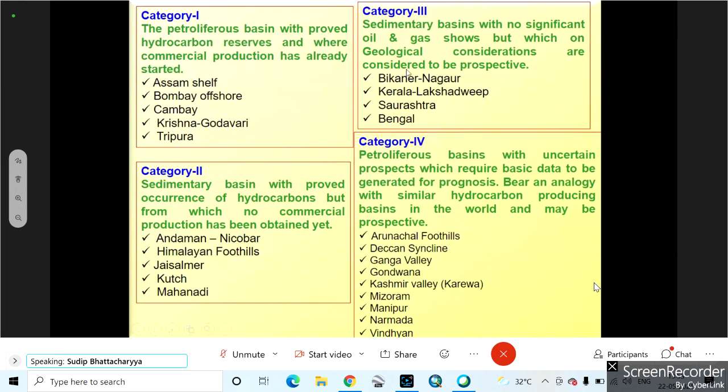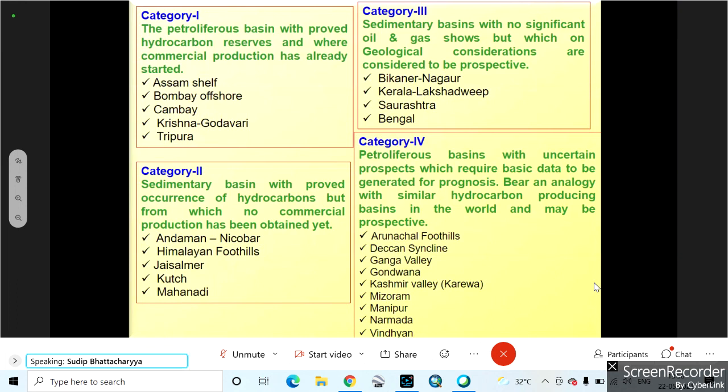Category 3 has no significant oil and gas, but on geological consideration is considered to be prospective, with some potentiality. Category 4 is the petroliferous basins with uncertain prospects, where the required data has not been generated right now. Analogy is there with other hydrocarbon producing basins, but it is not proved right now.